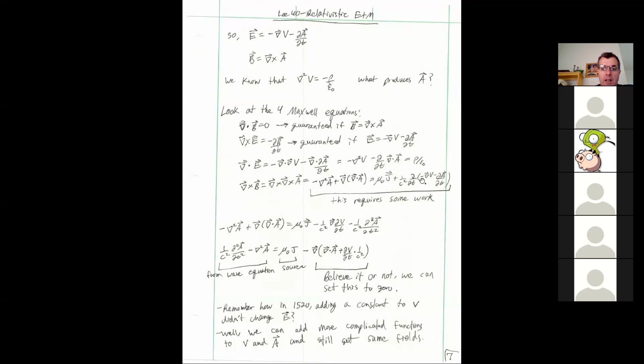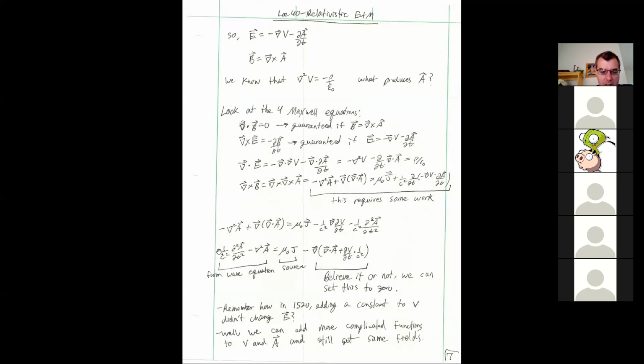We've got the time derivative of the E field, which is all this mess. So what are we going to do? In the time derivative of the E field, we've got the time derivative of the time derivative of the vector potential, which means we've got the second derivative of the vector potential with respect to time somewhere in this equation.